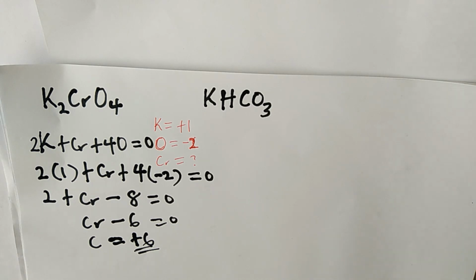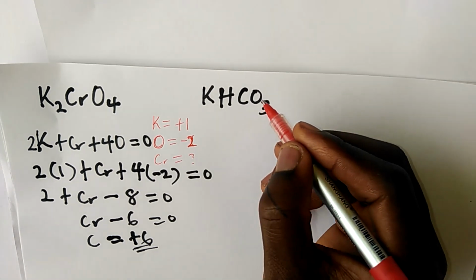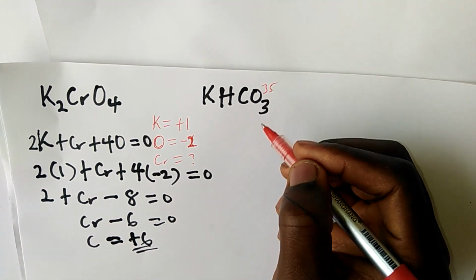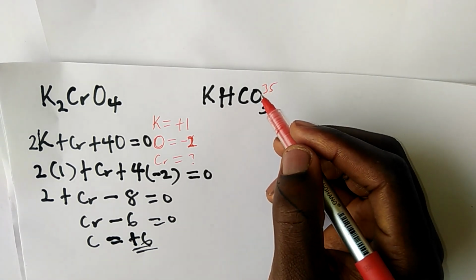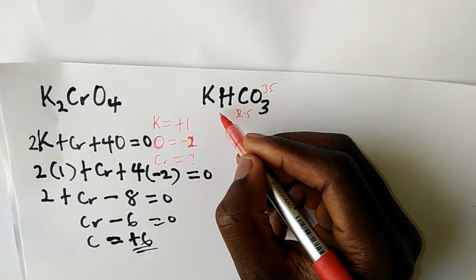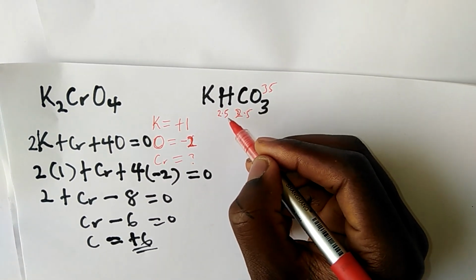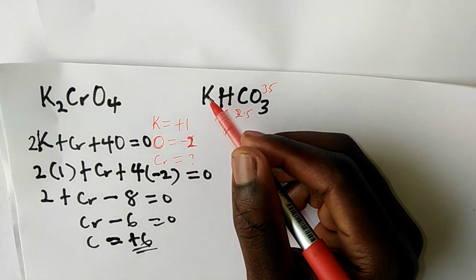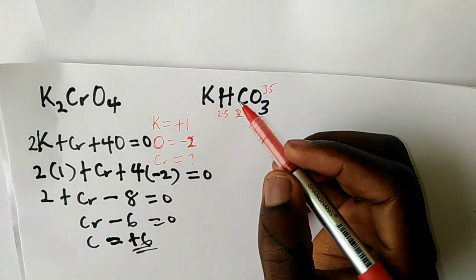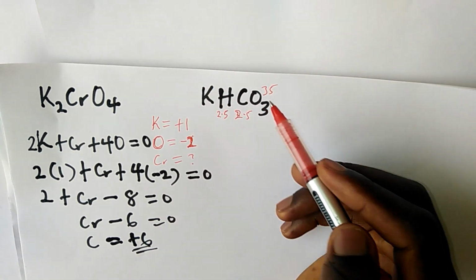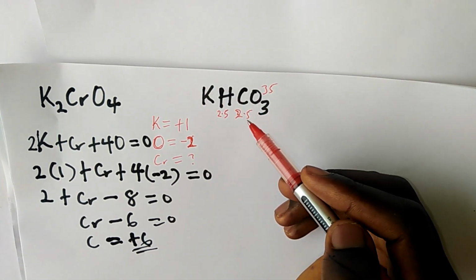Now we know that oxygen has an electronegativity value of 3.5, making it more electronegative. Carbon has 2.5. Hydrogen has 2.1. And we know hydrogen has a higher electronegativity value compared to potassium, because electronegativity goes up the group and to the right, towards fluorine.